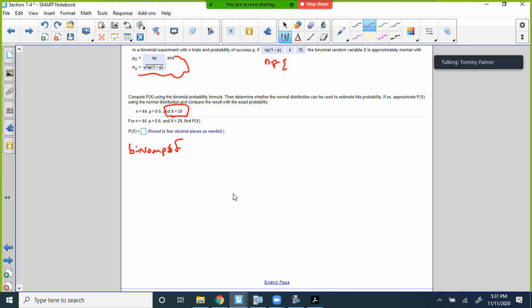So for a binom PDF, it wants to know your n, your p, and then your x. That's what it definitely needs. So we're going to say binom PDF is 44, comma 0.6, comma 29.